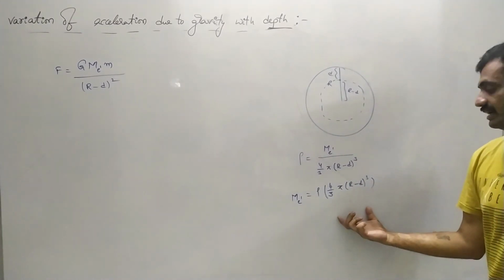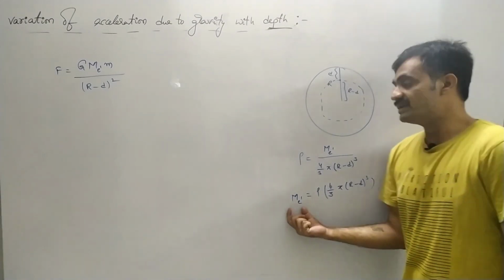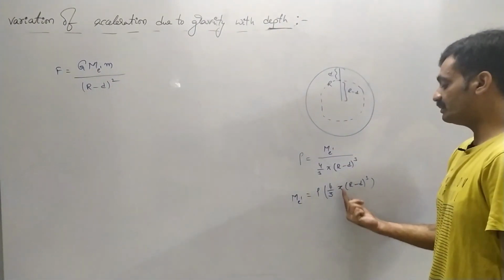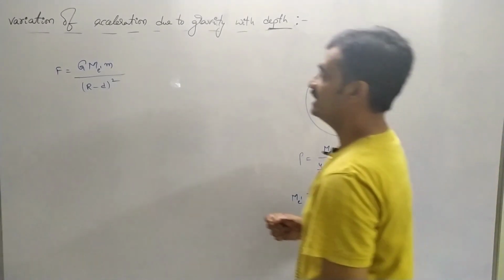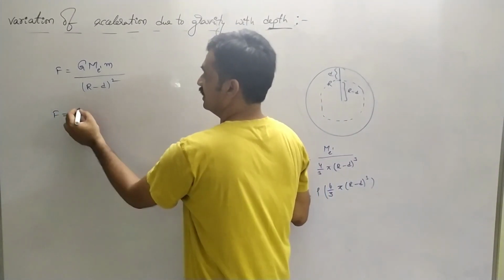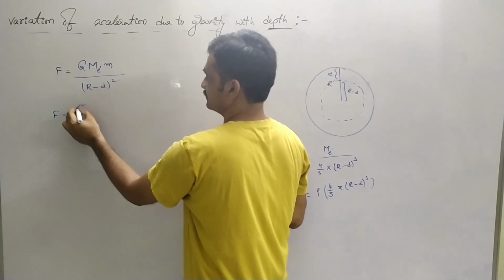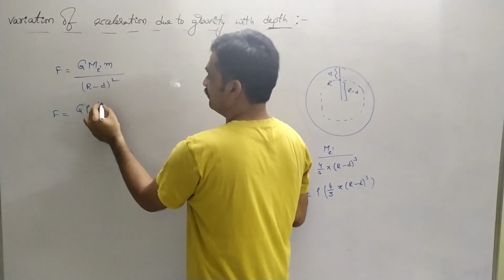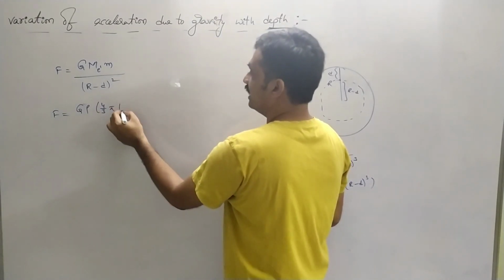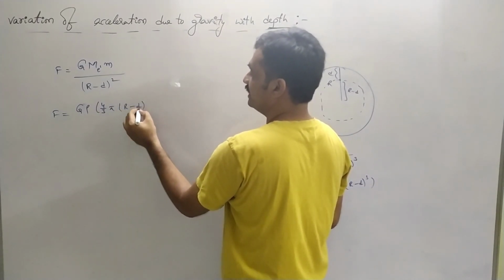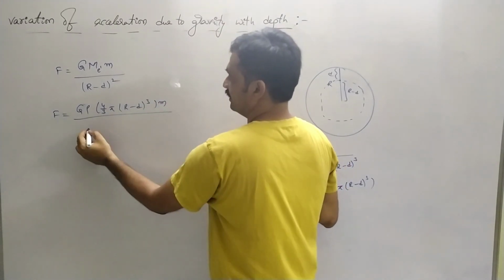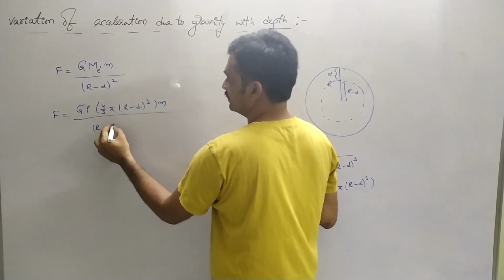So in the place of M e dash we have to substitute rho into 4 by 3 pi r minus d whole cube. As we substitute, then the force can be given as F is equal to G rho into 4 by 3 pi r minus d whole cube into m by r minus d whole square.